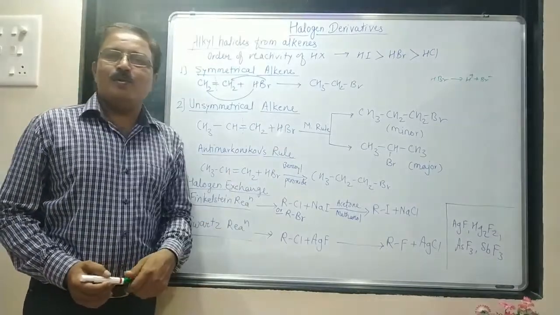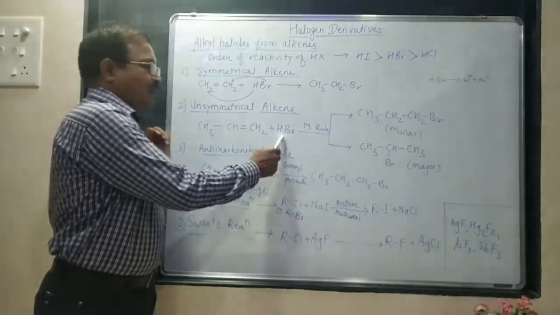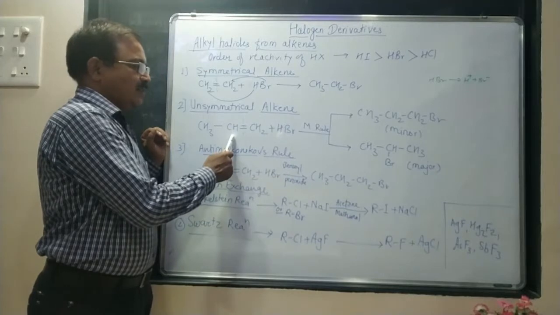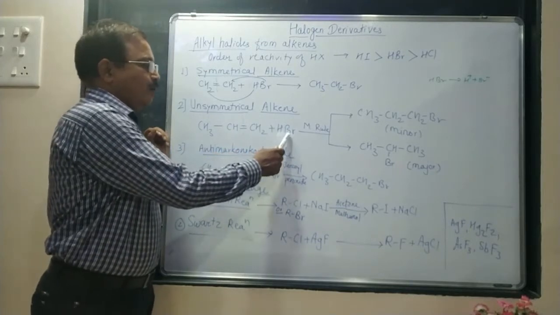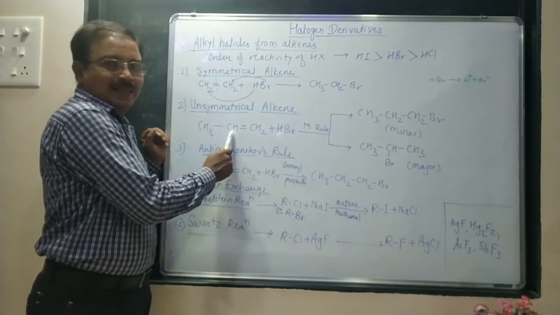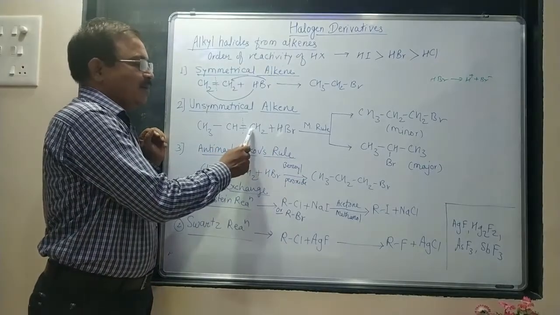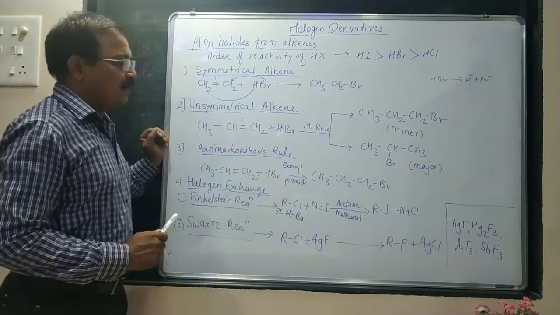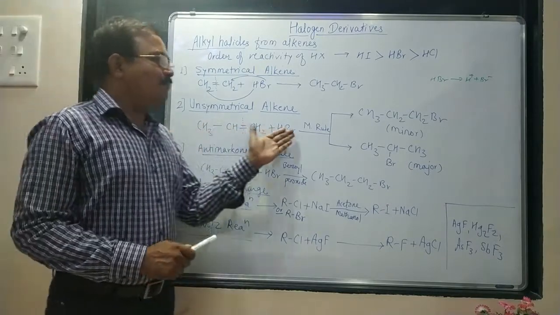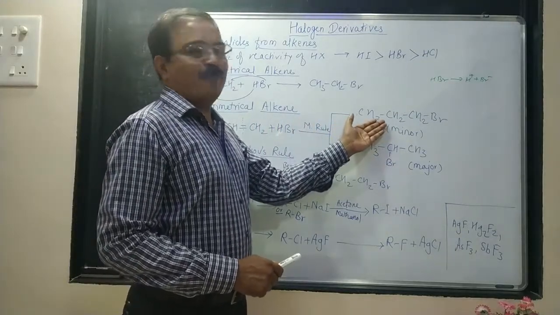Markovnikov's rule you have studied in 11th standard. When an unsymmetrical adding reagent reacts with an unsymmetrical alkene, the negative part goes to the carbon atom containing less number of hydrogen atoms, and the positive part gets attached to the carbon atom containing more number of hydrogen atoms. If we follow Markovnikov's rule, again two products are obtained here.